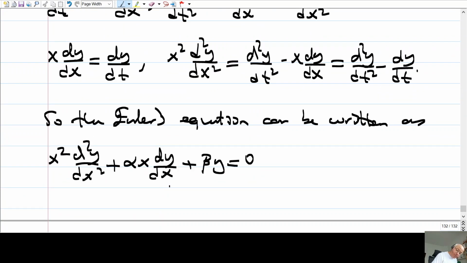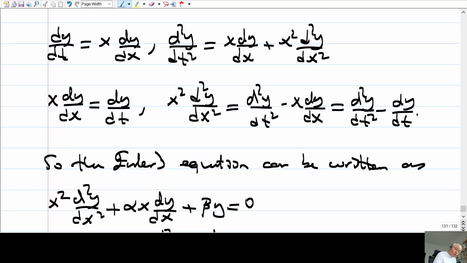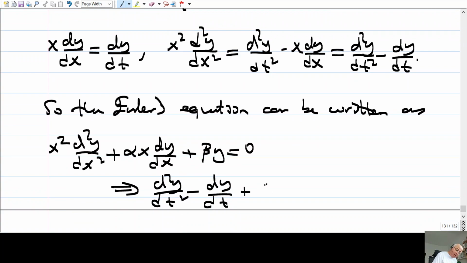And this can be written as, instead of x squared d squared y dx squared, I will write d squared y dt squared minus dy dt, plus alpha times dy dt plus beta times y.